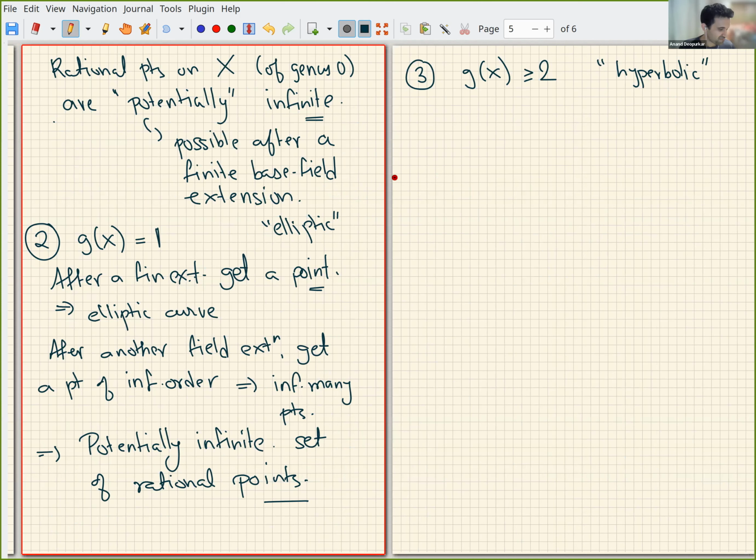Sure, if your base field was the complex numbers or any uncountable field, then obviously you have a point of infinite order because the points of finite order are countable. But Q bar is also countable, right? Yeah. So it's not obvious that you can get a point of infinite order.